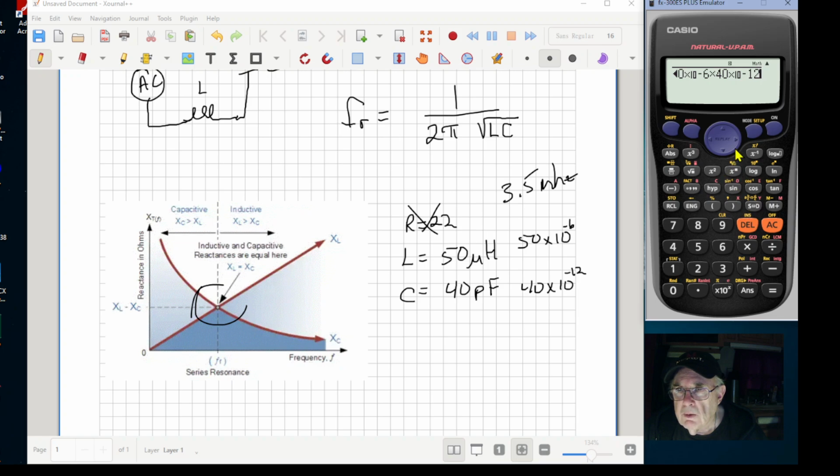That's the end of our square root. Oops, went one too far. Let's close off our parenthesis and press this.